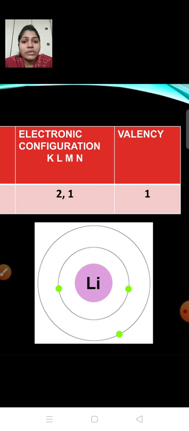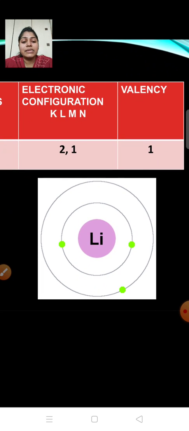So if it loses 1 electron, what will happen? The outermost shell will have only 2 electrons and it will achieve stability. Okay, so the valency of lithium is 1, because by losing 1 electron, lithium will gain stability. This is the atomic structure of lithium.